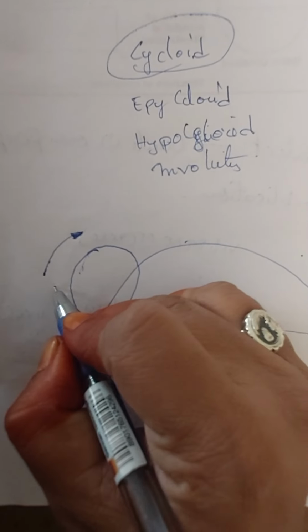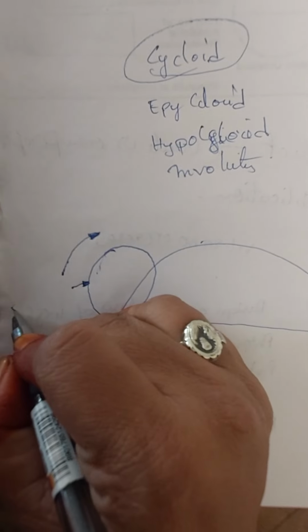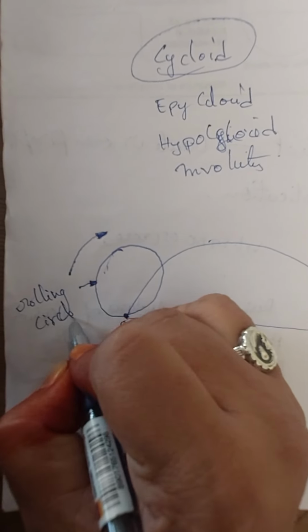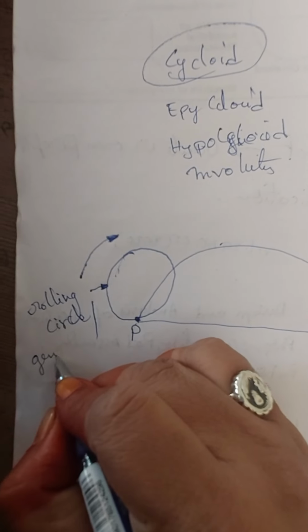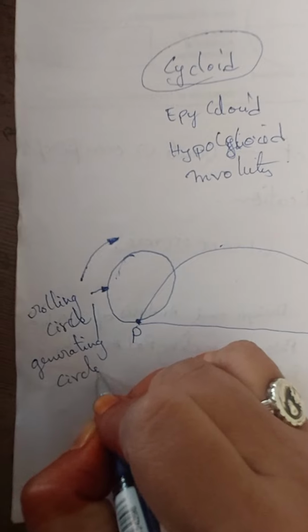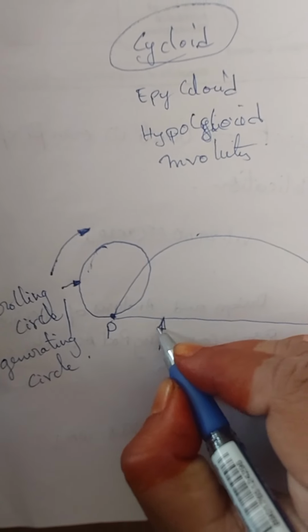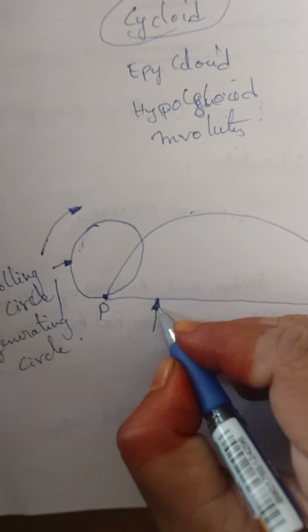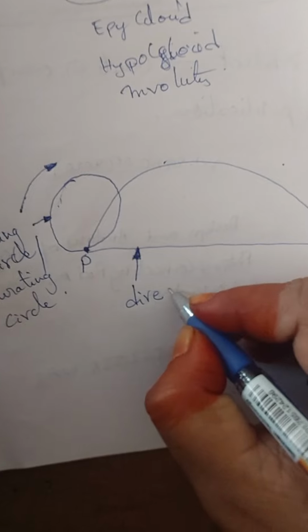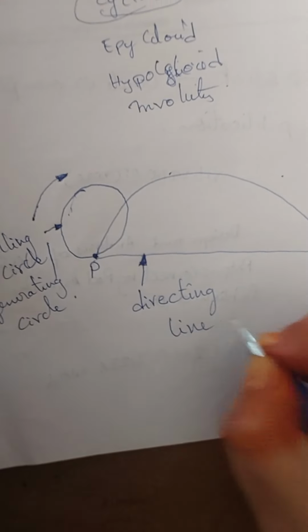Next, the circle which is rolling along the straight line is known as the rolling circle or generating circle. The circle rolls along the fixed straight line, and that line is known as the directing line. Why?